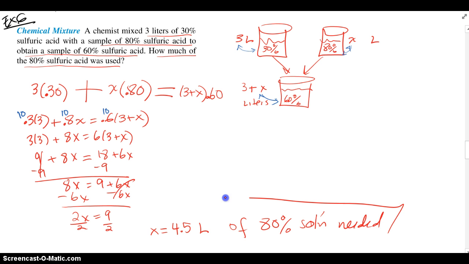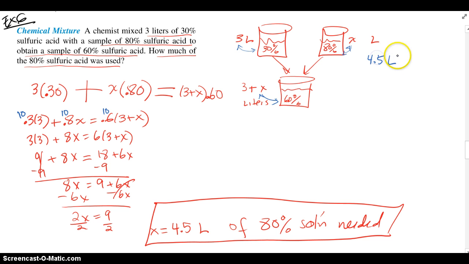And it's also important to notice that if you're getting a 60% concentration, 60% is 30% away from 30%, and 60% is 20% away from 80%. Since this concentration is closer to the 80%, the answer makes sense that I need more of the 80% than I would of the 30%.